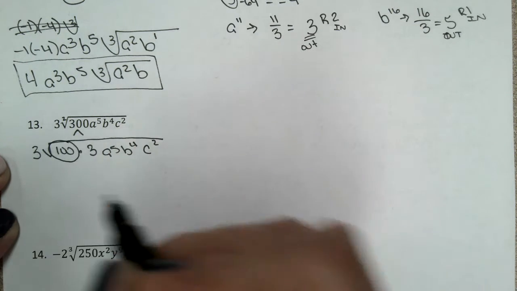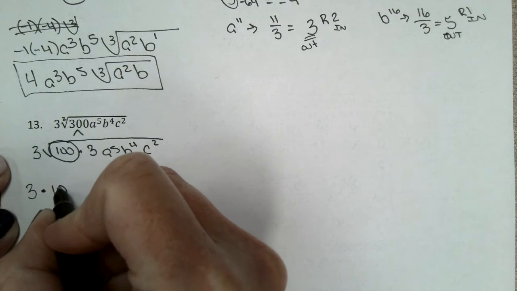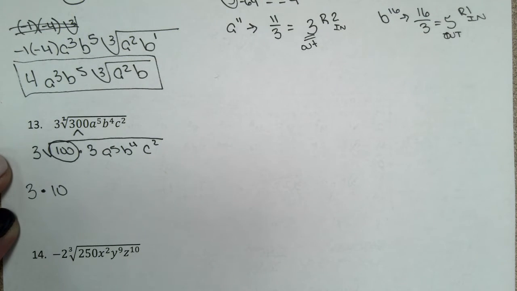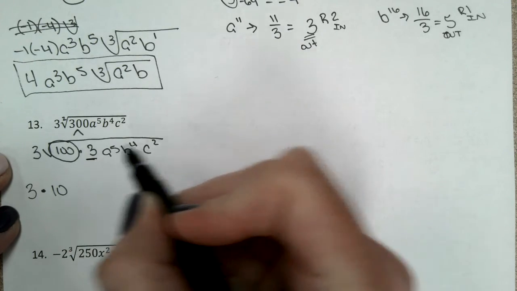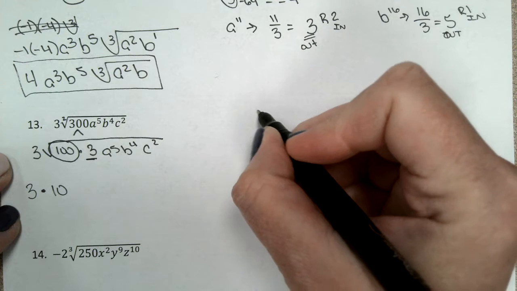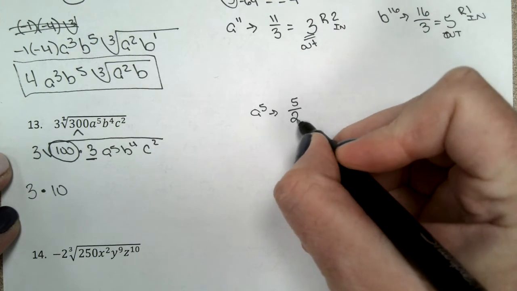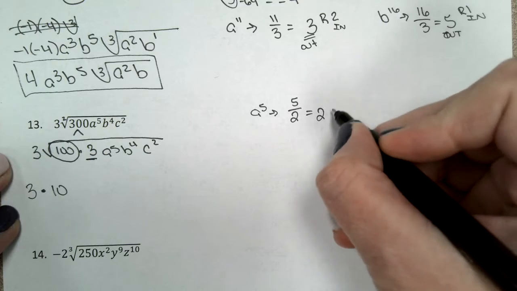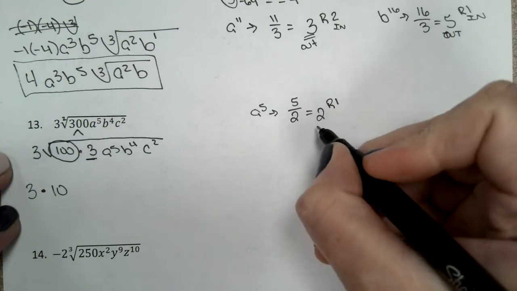All right, so the square root of 100 is 10, so that is coming out from the radical. That 3 is going to stay where it is. A to the fifth. So 5 divided by 2 is 2 with 1 left over.